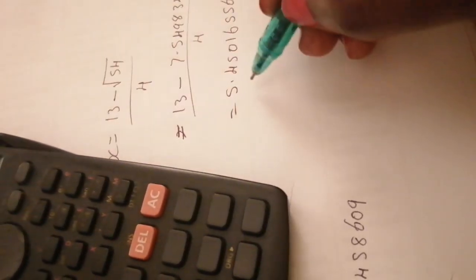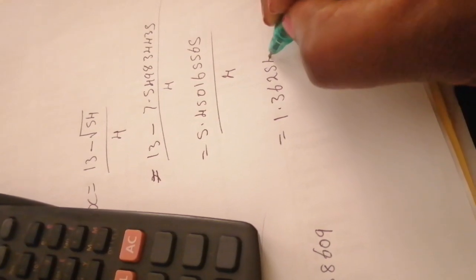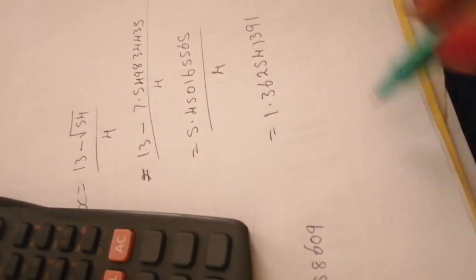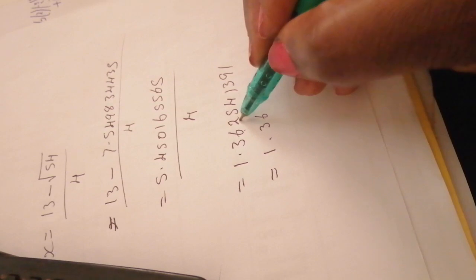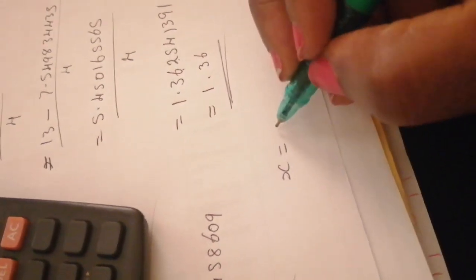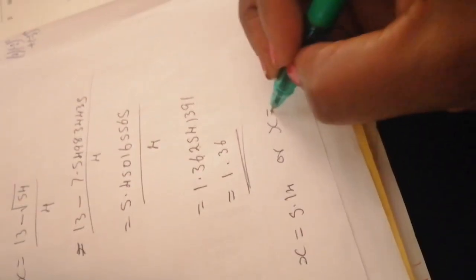Okay, divided by 4. When we divide by 4, we get 1.362541391. Giving the answer to two decimal places, we have 1.36. We end there. 2 is less than 5, so we just keep the 6 the way it is. Therefore, x is 5.14, or x is 1.36.